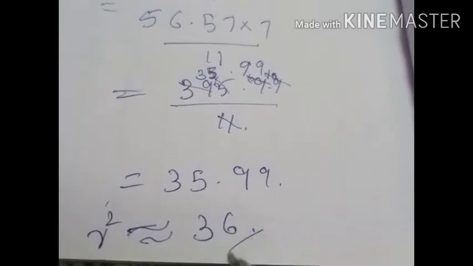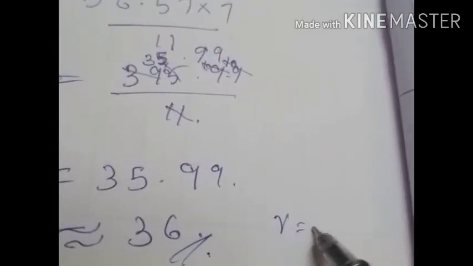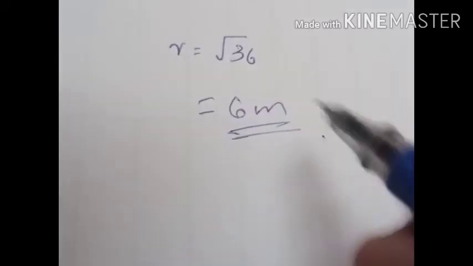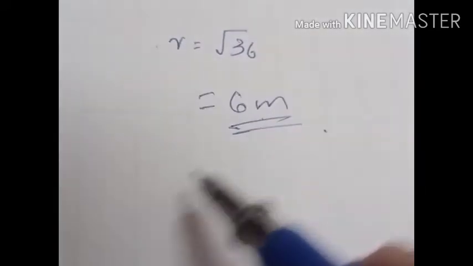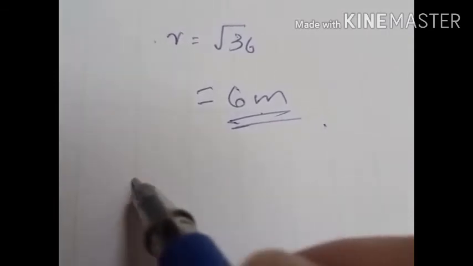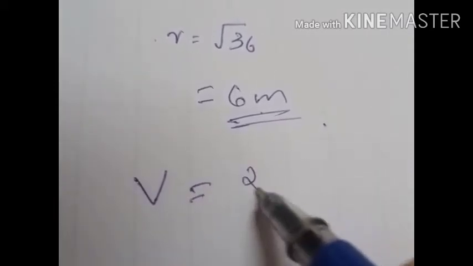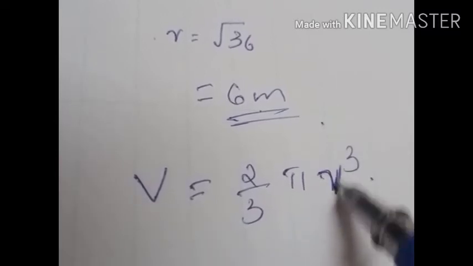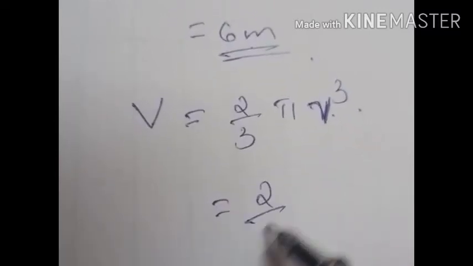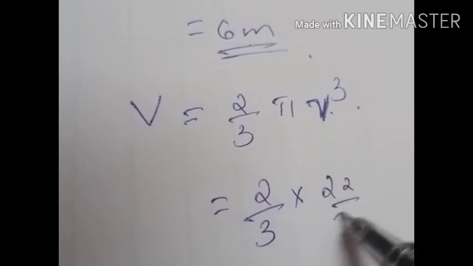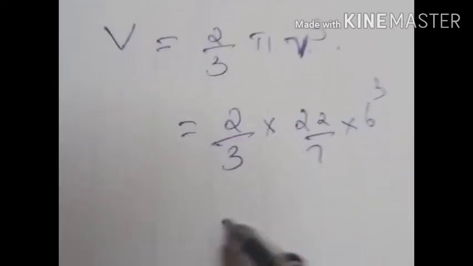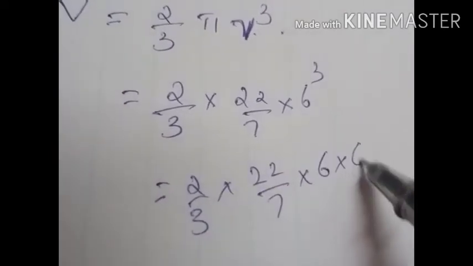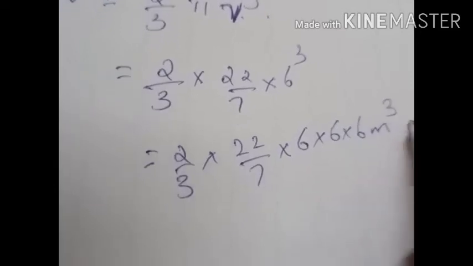R square is 36. So what is r? Root 36 equals 6 meter. So the radius equals 6 meter. Then we have to find the inner volume. That is equal to 2 by 3 pi r cube, where we again use small r, the inner radius. That is 2 by 3 into 22 by 7 into 6 into 6 into 6 meter cube.